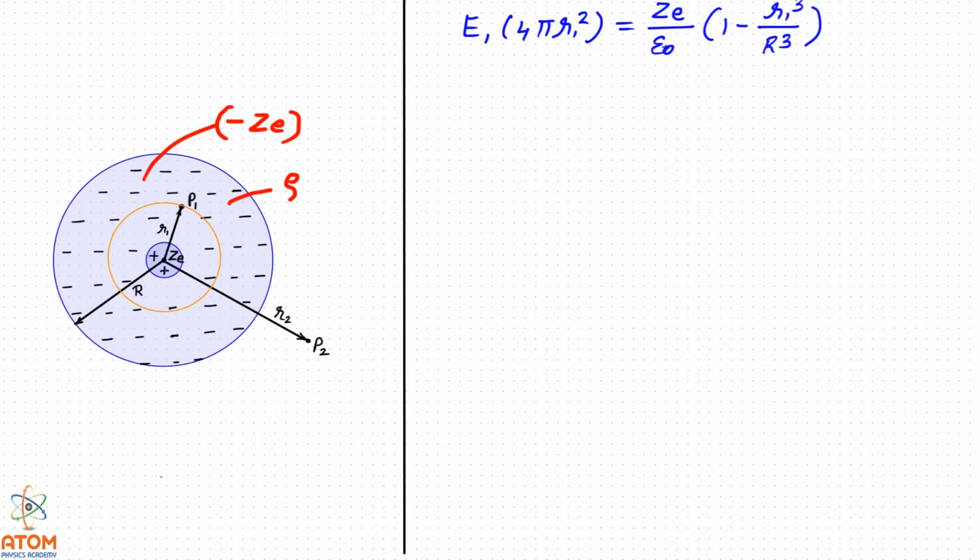Now we can place this term in the denominator at the right side, and so the final equation of E1 can now be written as Ze upon 4 pi epsilon 0 into bracket 1 upon r1 square minus r1 upon capital R cube.